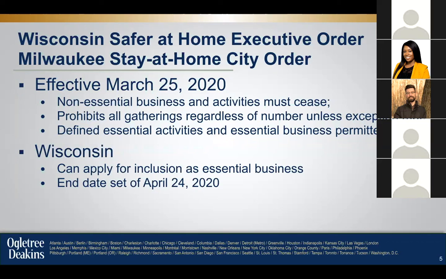So a few considerations in terms of communicating with employees about these orders. I think it is important to identify to employees, if you haven't already, whether you believe you fall under the essential business or the non-essential business designation, but nothing is required at this point in time. We are getting a lot of requests to help put together some notice to employees and also to provide employees who are going to continue working with a physical presence in a workplace with something that they can provide to law enforcement if they are ever stopped and questioned about why they are out.